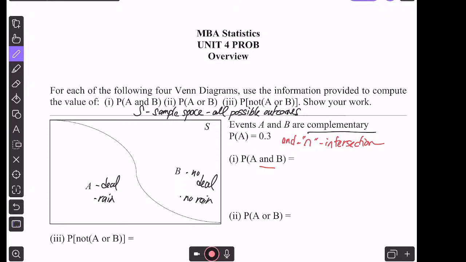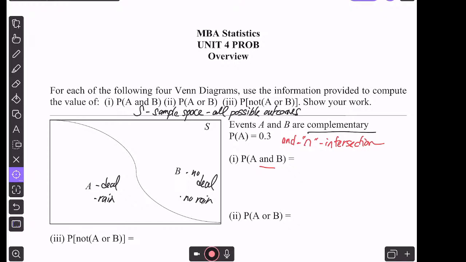So this diagram doesn't necessarily tell you the probabilities. You could draw it to scale, but the point of drawing it is to show the relationship between them. And then given any kind of values, you can make some inferences.